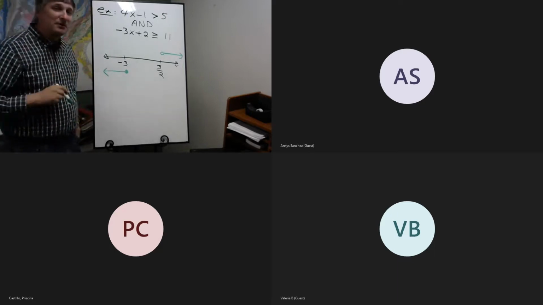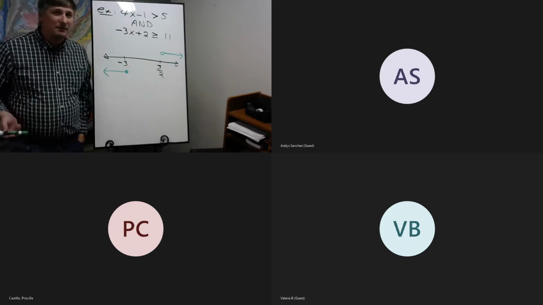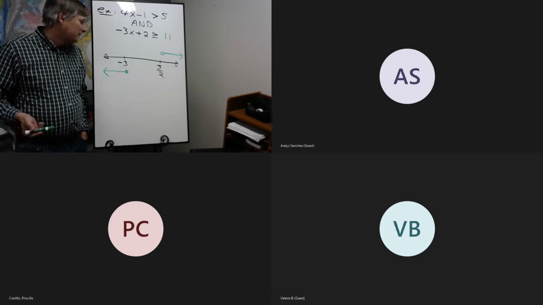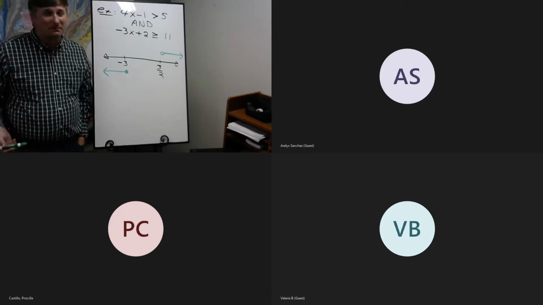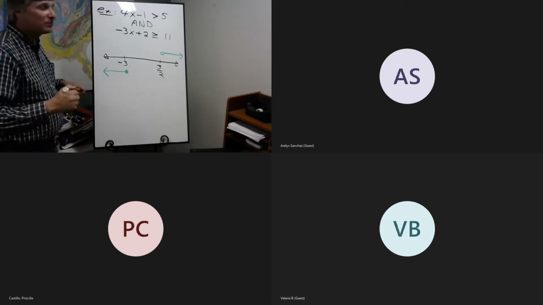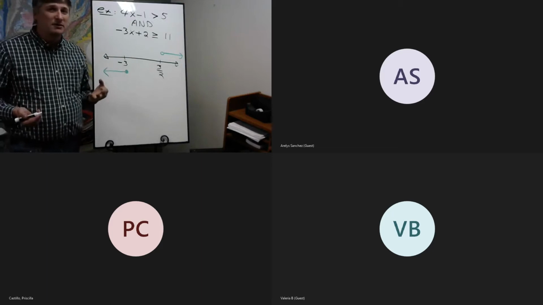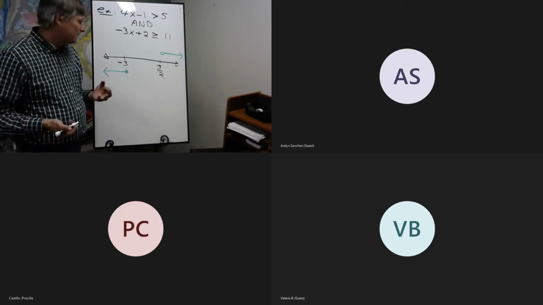So here's the million-dollar question. Where's the overlap? Well, there isn't any. So what this means, because there's no overlap, and this is an and so that means we're looking for where these intervals overlap.